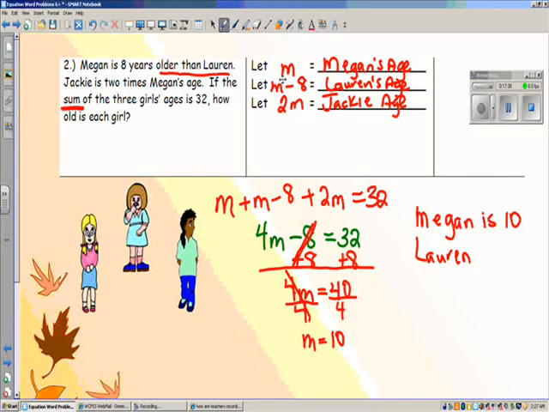If Megan is 10 and she's 8 years older than Lauren, we can plug in 10 here. 10 minus 8 is 2. So Lauren is 2. And Jackie is twice Megan's age, which means that Jackie is, what's 10 times 2? 20.